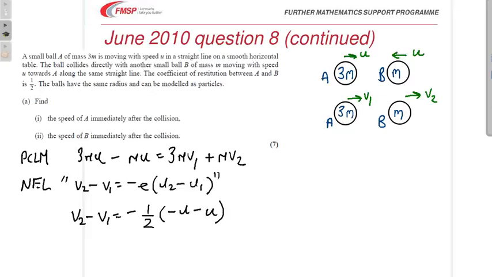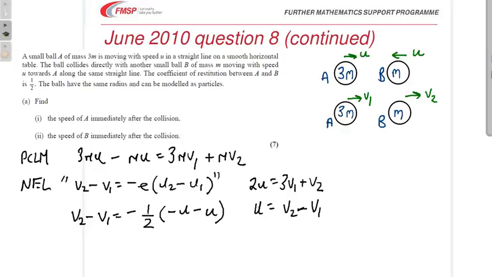Right. So the top equation gives us 2u equals 3v1 plus v2. The bottom equation gives us v2 minus v1 equals u. So a pair of simultaneous equations to solve.